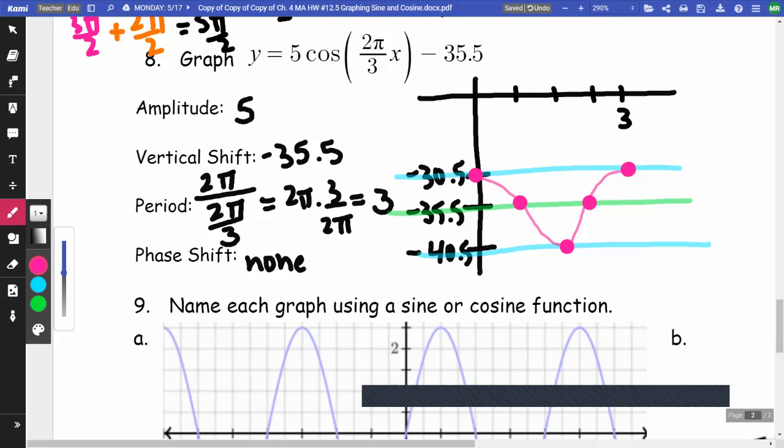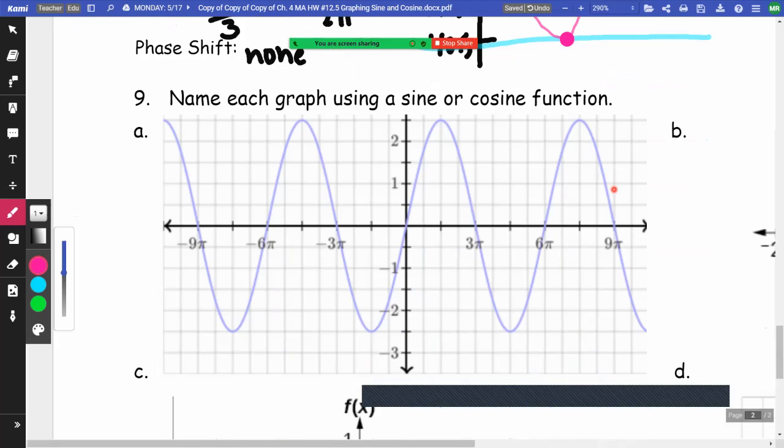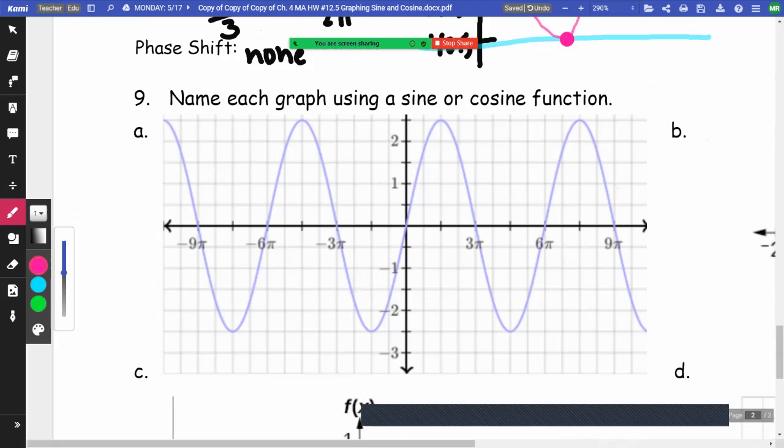So on the last ones here, these are the ones where we have to write the equations. We can either do a sine or a cosine. It really just depends on which you think is easier for you.